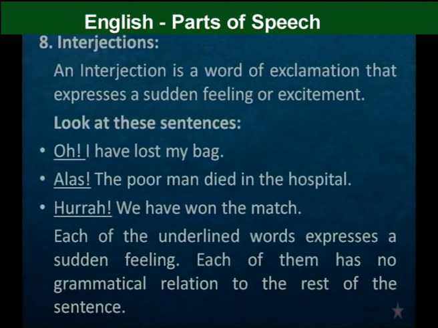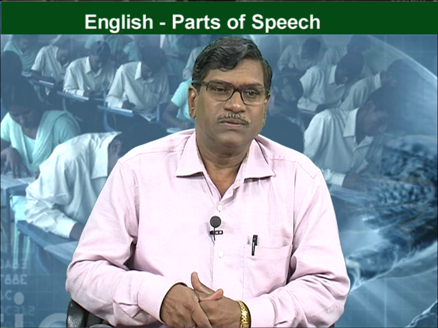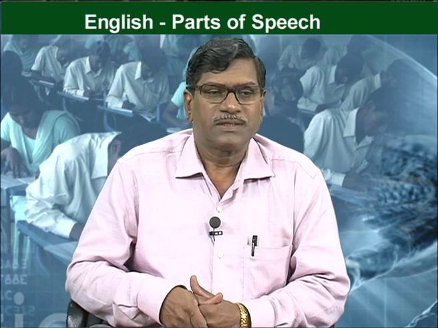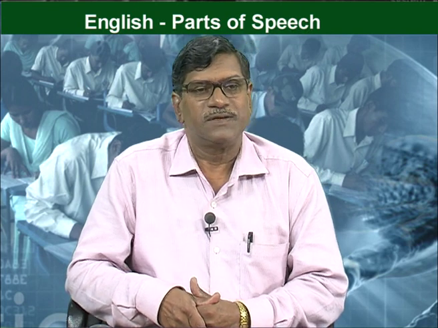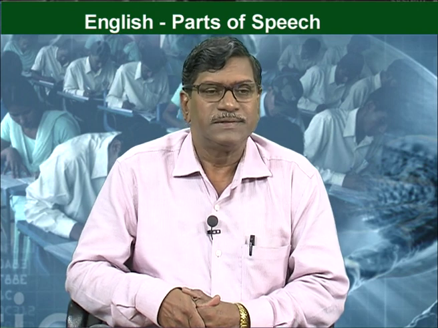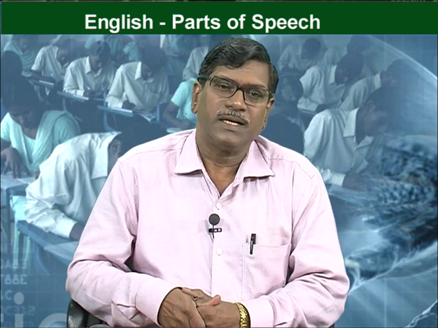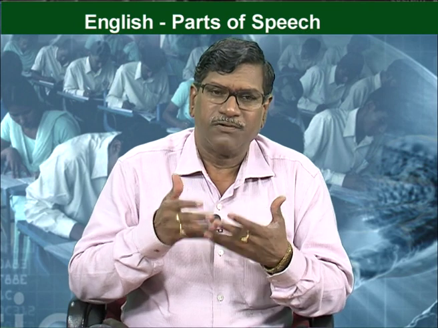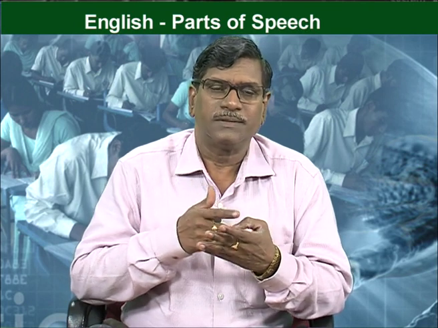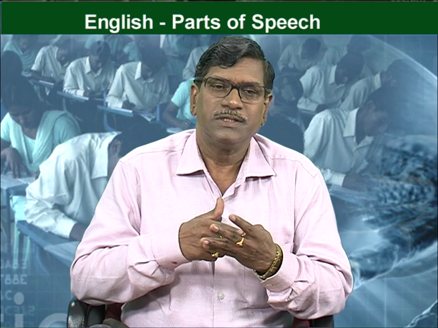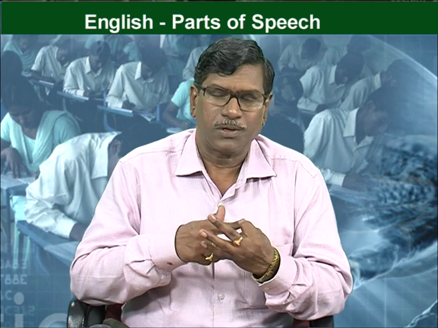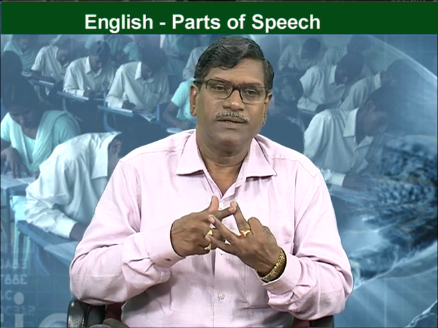So, what are these words? Oh, alas, hooray. What are the 8 varieties of words in all? In English, we can notice that there are 8 varieties of words. 1. Nouns. 2. Pronouns. 3.